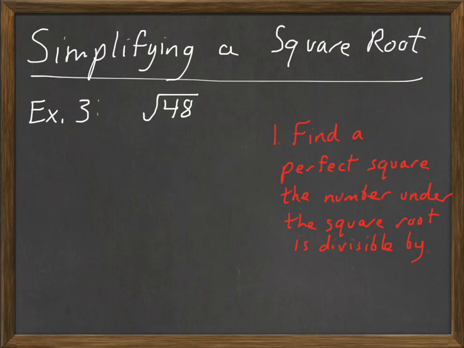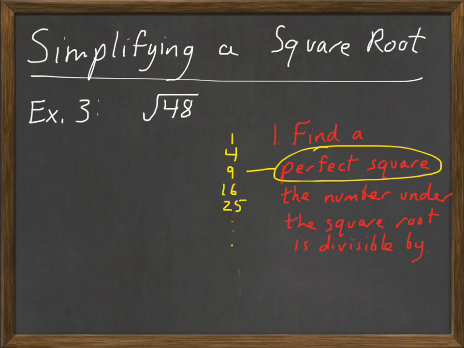Remember, perfect squares are numbers like 1, 4, 9, 16, 25, 36, 49, and so on. So what's a perfect square that 48 is divisible by, or will go into 48? Well, 4 works. So I can rewrite the square root of 48 as the square root of 4 times 12.